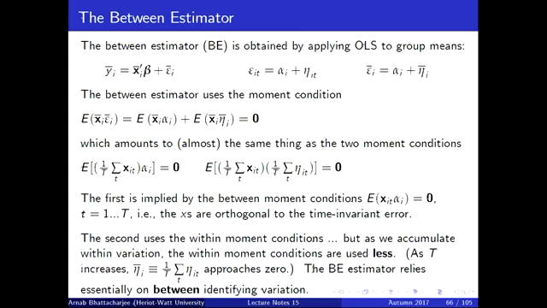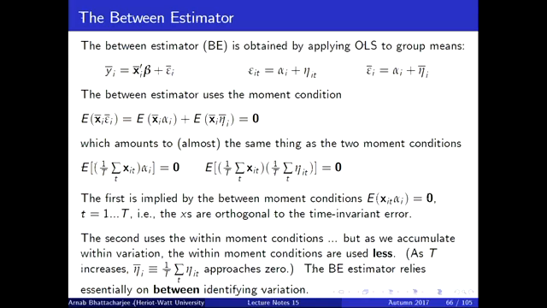Which one bites? Well, this one doesn't bite too much. Why? Because as T goes to infinity, this one here is going to become closer and closer to 0. Because this becomes closer and closer to 0, there is very little information in this moment condition. So really the important moment condition is this.